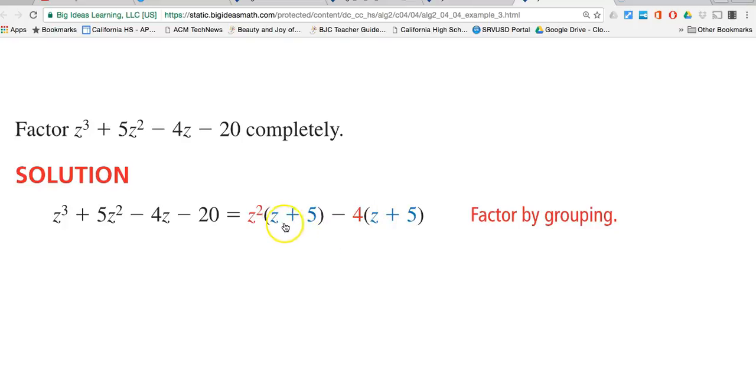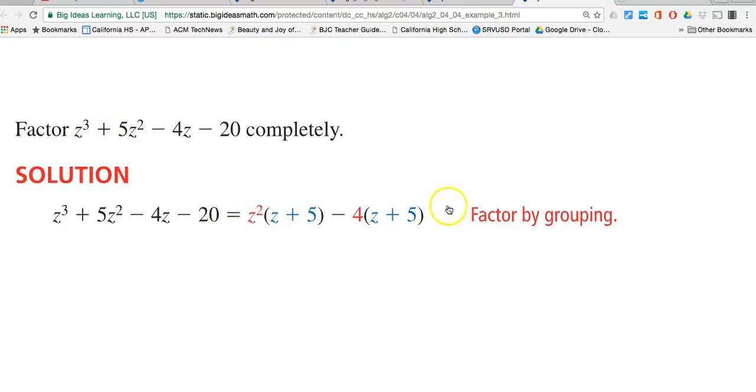We're left with z plus 5 when we take out z squared, and we're left with z plus 5 when we take out -4. Sometimes these aren't going to be lined up properly. You may have to shuffle around the order, but when you find terms that do have common factors, just put them next to each other and factor those out.